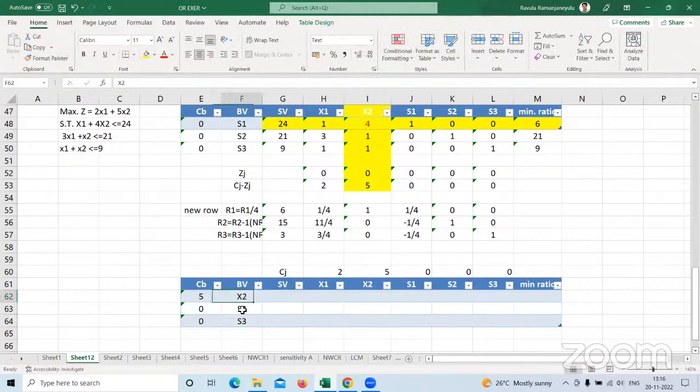And the new values we need to consider by means of these only.